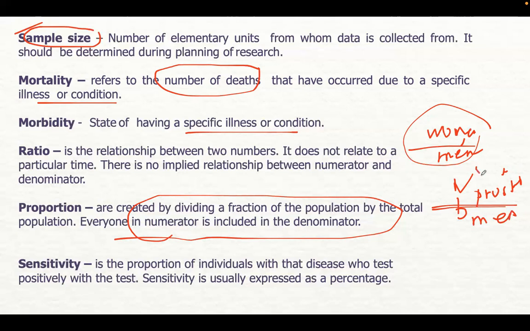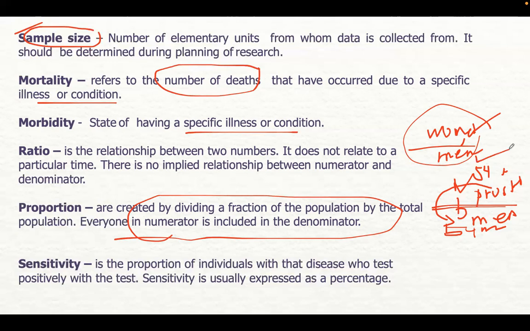Okay? Or example, 54-year-old male who have prostate cancer. Dito naman, 54-year-old male lang. So, yung 54-year-old males natin who are having prostate cancer, they are part of the population na 54-year-old men lang. Okay? The numerator is part of the denominator. Yun yung proportion. Pag kay ratio, wala pong relationship yung nasa numerator and the denominator. Okay? So, yun yung kanilang main differentiation.